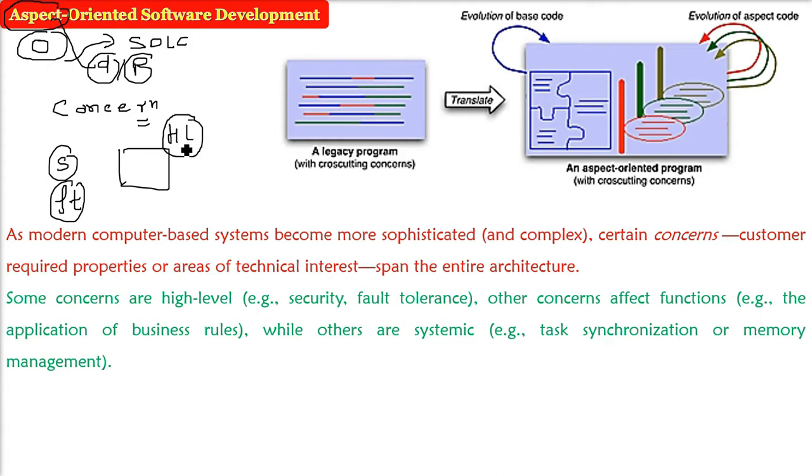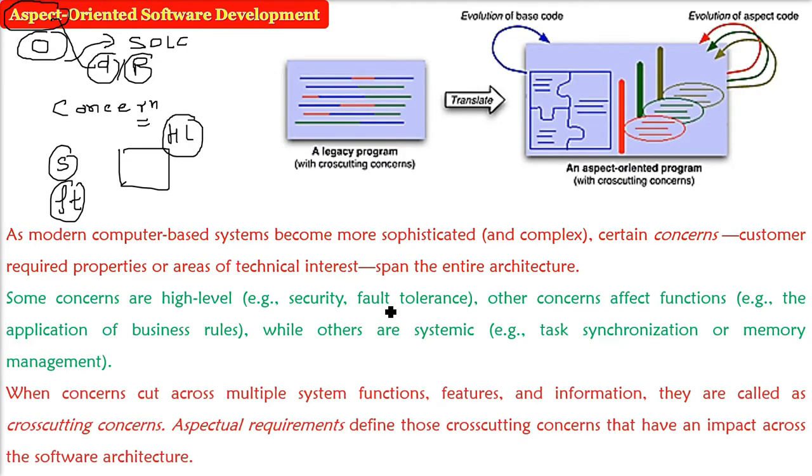For example, it will not be high level, it will just affect certain functions like application of business rules. The business rules can be what is the percentage of interest and the tax cut rate, all these. So this concern is only limited to the functions. There are other concerns for the software. It can be systematic: the tasks have to be synchronized, the memory management has to be there.